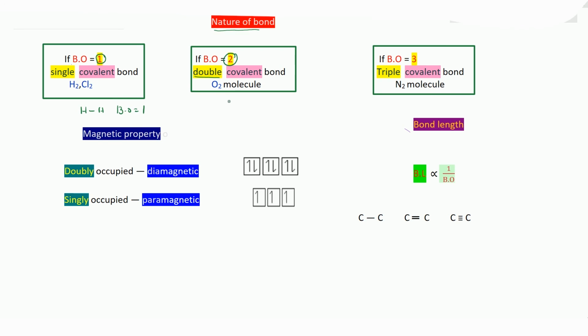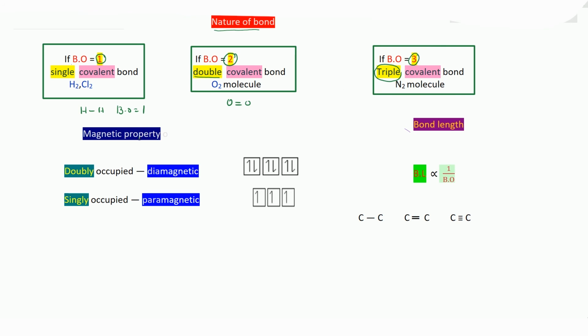For example, you take oxygen, O double bond O. So here the bond order is 2. Similarly, if the bond order is 3, we have a triple bond. In the nitrogen molecule, we have 3 bonds, so the bond order is 3. So from the bond order, we can know the nature of the bond.